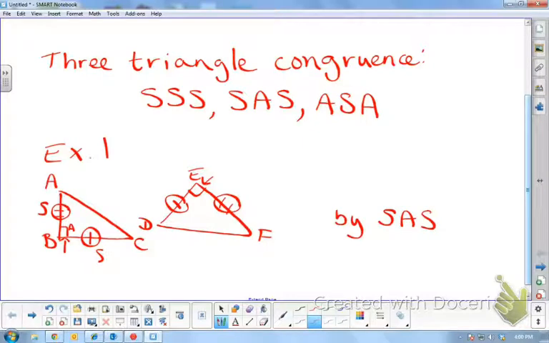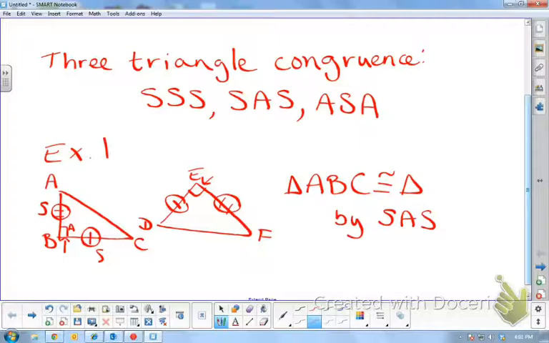Well, we need to say the two triangles are congruent to each other. We still need to make our triangle statement. So we need to say our first triangle. Again, I can pick any order I want on my first triangle. ABC. That one's easy enough. But then when I need to make my second triangle congruence statement, I have to go in the same order.